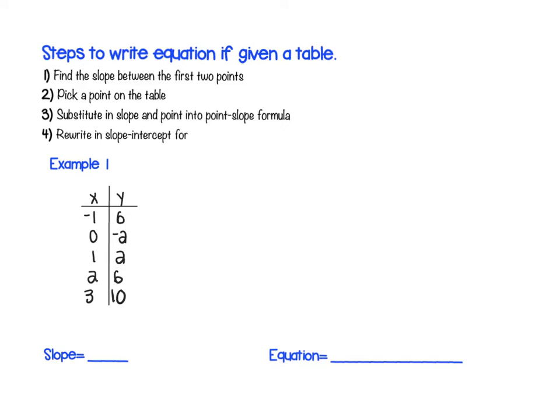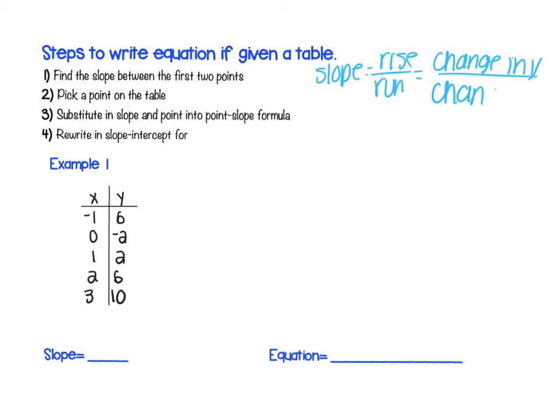So remember, when we find slope from a table, we're looking at our rise over run. So that's our change in y over the change in x. So I look at how my y value is changing and how my x value is changing.